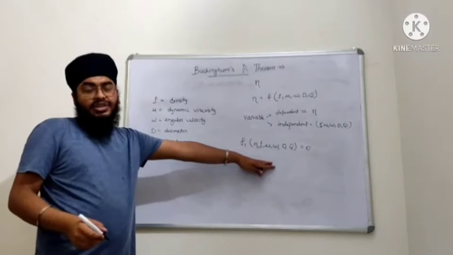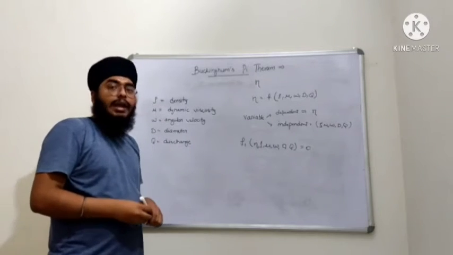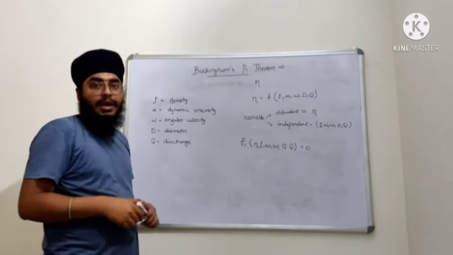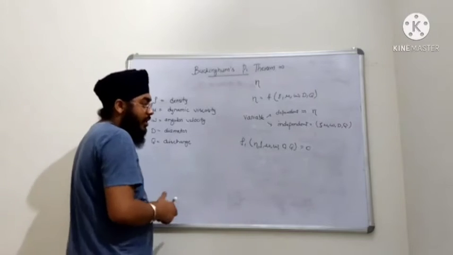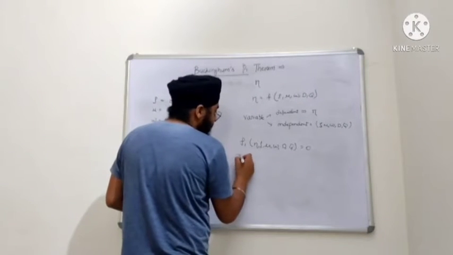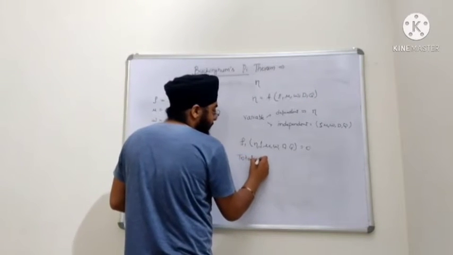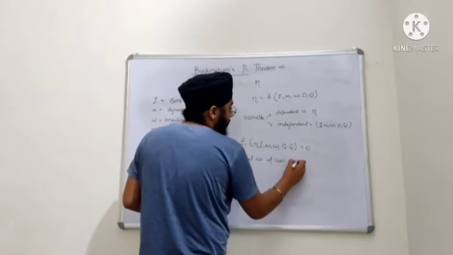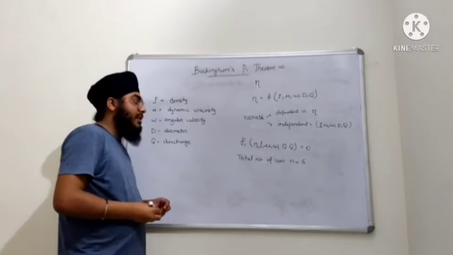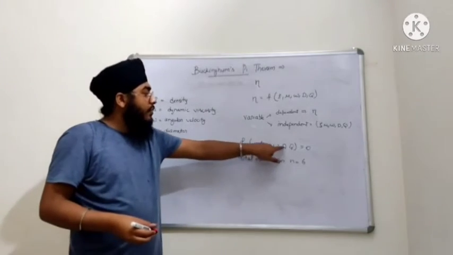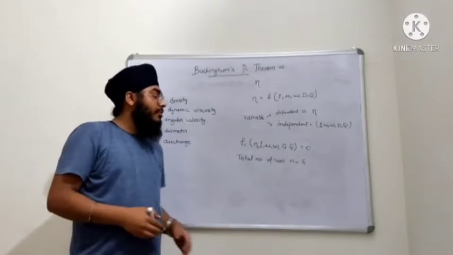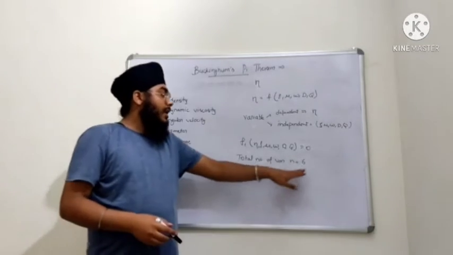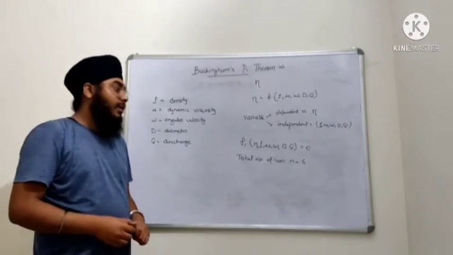This is a functional relationship between dependent and independent variables. Now, total number of variables, which is denoted by n, is equal to 6. 1, 2, 3, 4, 5, 6.